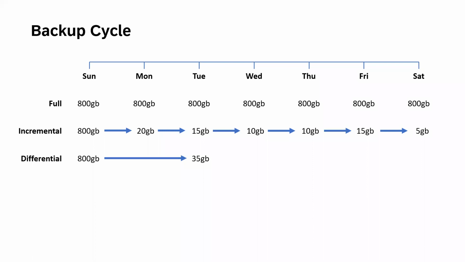So whenever the last full backup was, it will back up all the changes since the last full backup. So on Tuesday, it will see that the last full backup was on Sunday, so whatever changes were done from Sunday to Tuesday, it will back up those changes. Again on Wednesday, it will back up all the changes made since Sunday, and likewise Thursday, Friday, Saturday.